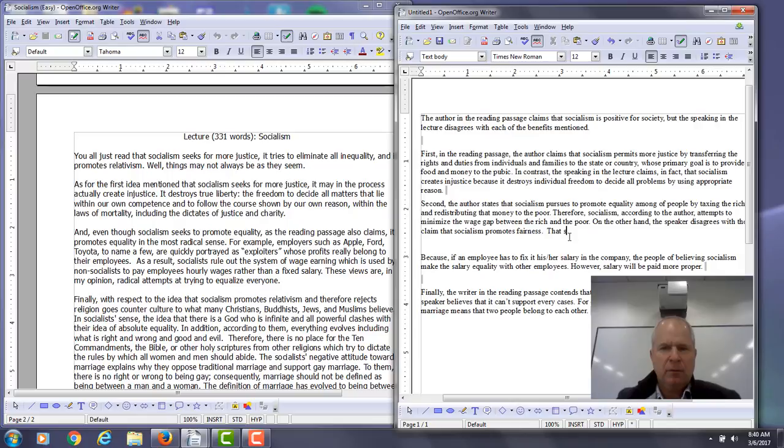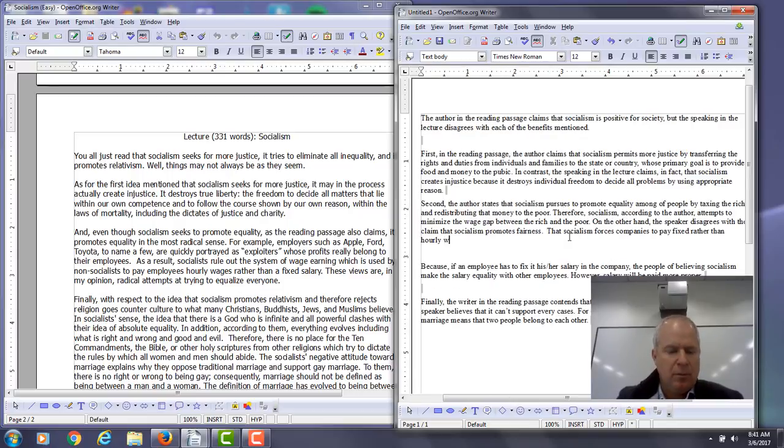You can say that socialism to pay fixed rather hourly wages, you might say is seen as extreme.